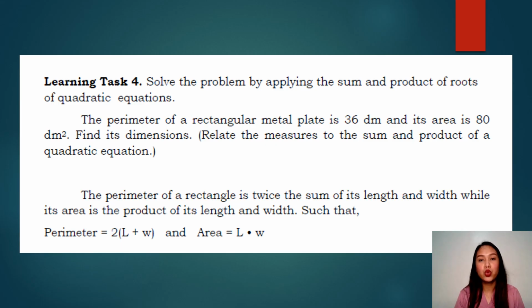I would like you to draw it, make an illustrative representation of this problem. It's just a simple rectangle. Write the perimeter and the area in your illustrative representation of your problem, and then give your answer by applying the sum and product of the roots.